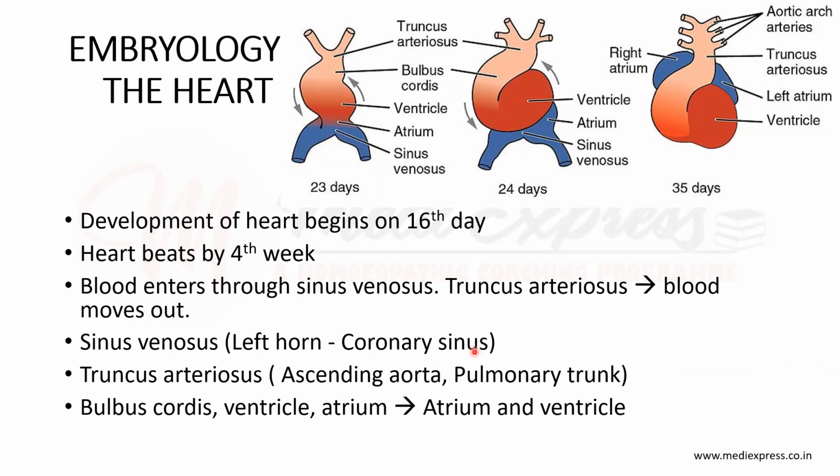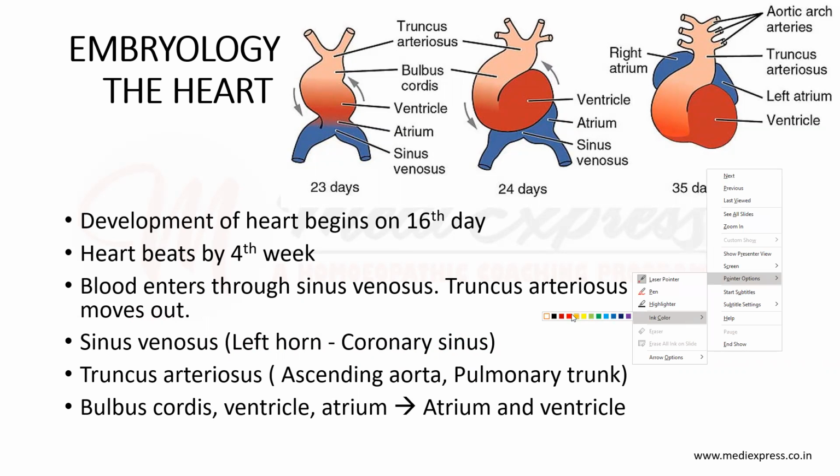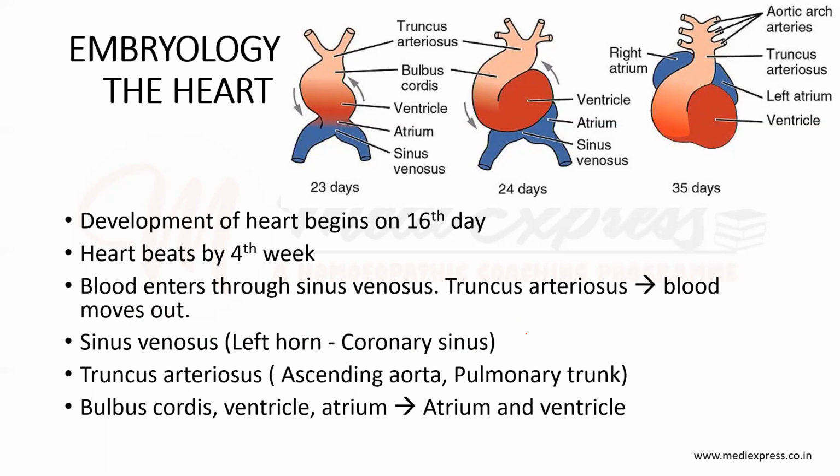Thus we have a left horn left. The left one will recede and form a coronary sinus. And this coronary sinus is responsible for the drainage of venous blood from the heart.